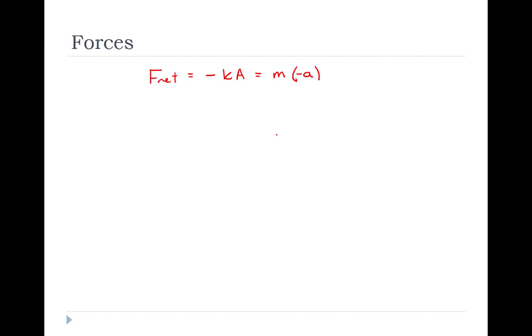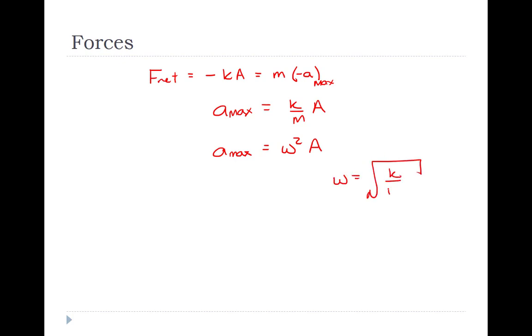So the negative signs cancel, and this is the maximum acceleration because I'm at an endpoint. So the maximum acceleration is K over m times a, or in general, the maximum acceleration is omega squared a, remembering again that omega was the square root of K over m for a mass on a spring. Again, this result that the max acceleration is omega squared a is true for all systems that undergo simple harmonic oscillations.